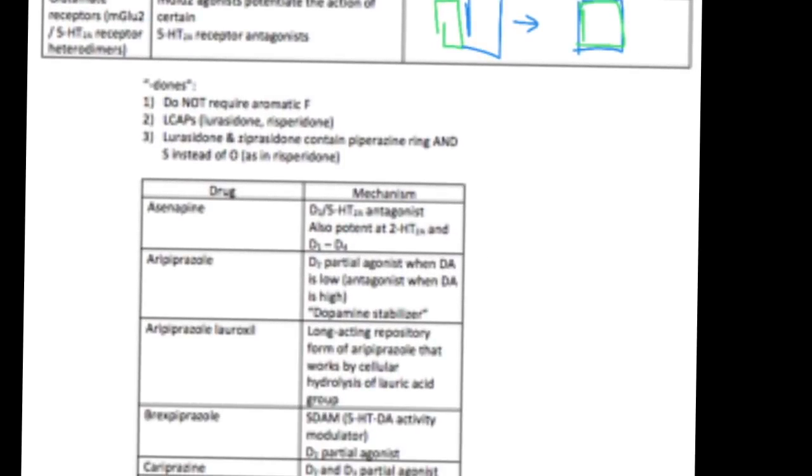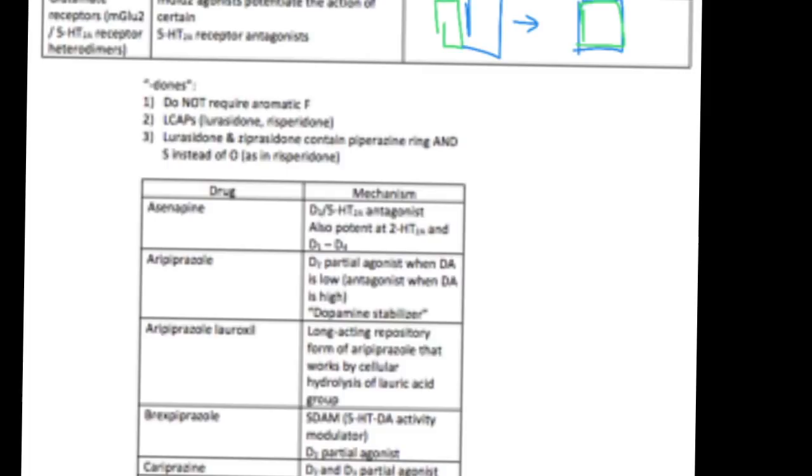Important stuff about your dones, like risperidone, ziprasidone. They don't require an aromatic fluorine. Lurasidone and risperidone are LCAPs. Ooh, review. What are LCAPs? Abbreviation. They are your long chain aryl piperazines.